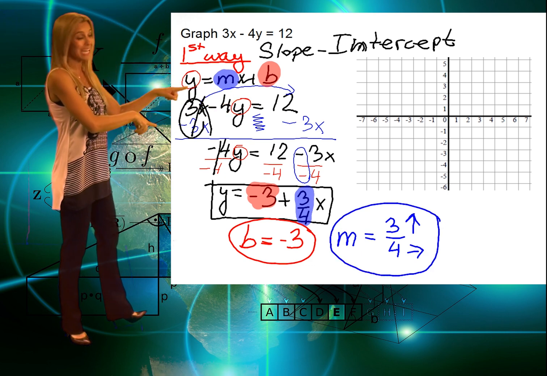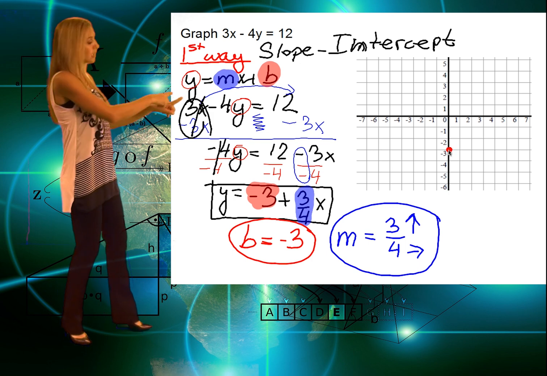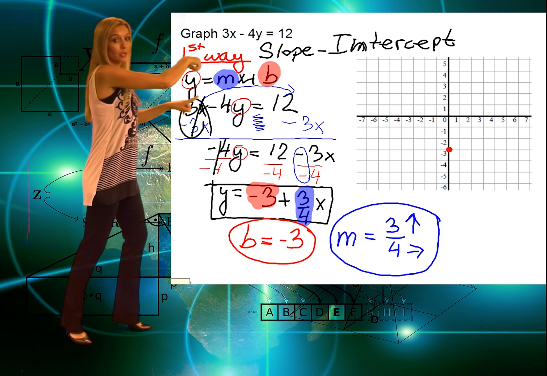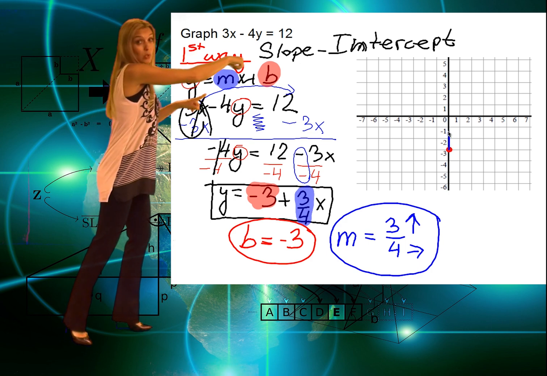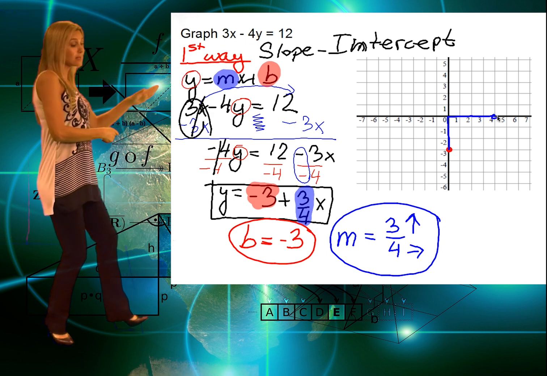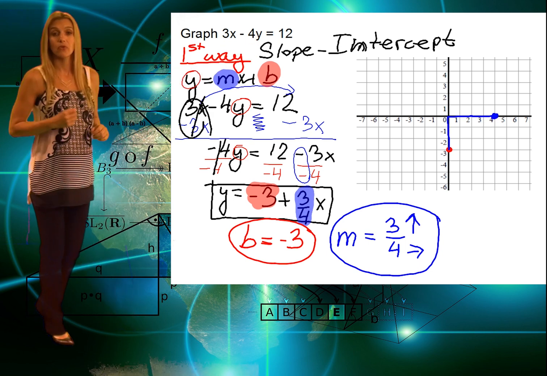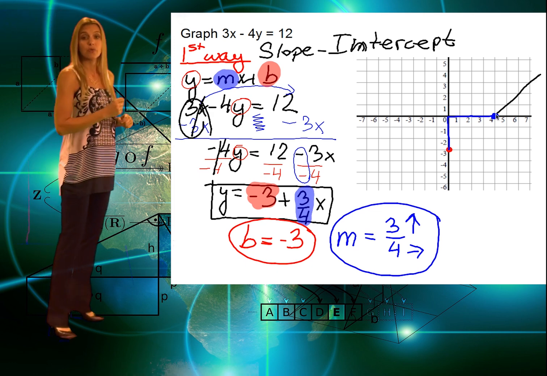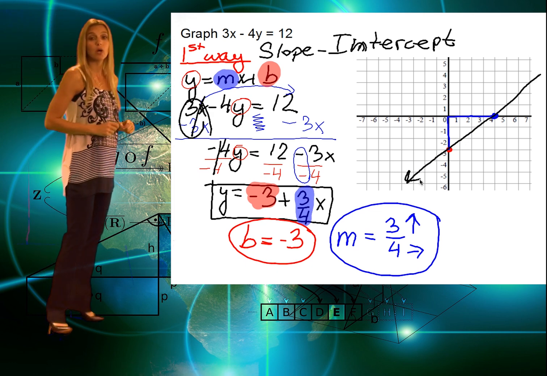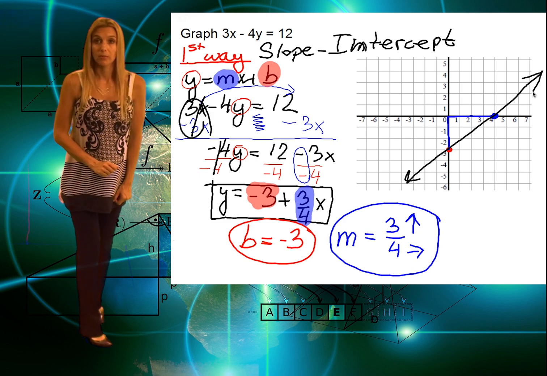So here is my negative 3, my first point, my b, the y-intercept. I go 3 units up, 4 units over. There's my second point. Now I can create a nice line through those points, and that is the graph for the equation 3x minus 4y equals 12.